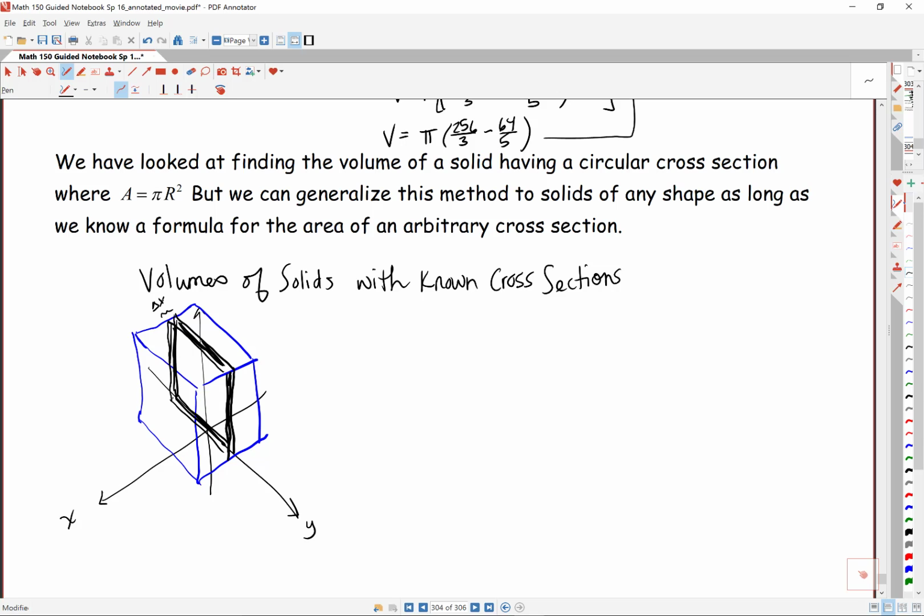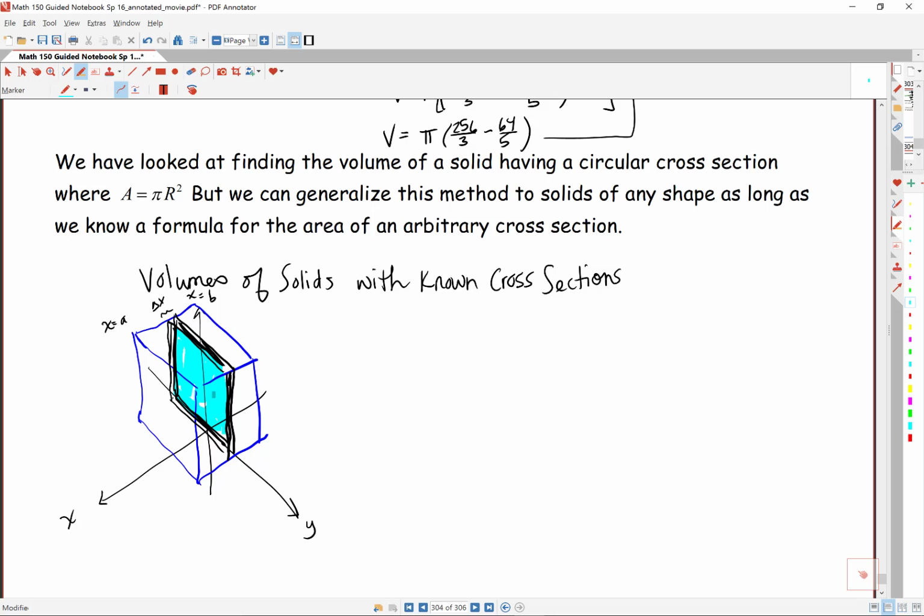And what you'll have is x going from, so this would be, x equal to a to x equal to b. And this cross section has an area, so you're considering the area of any of these sections in there, and then times the height, if you will, which is our dx.